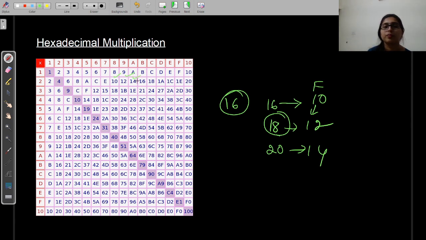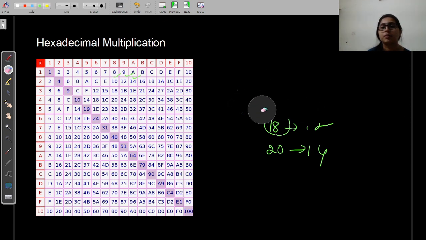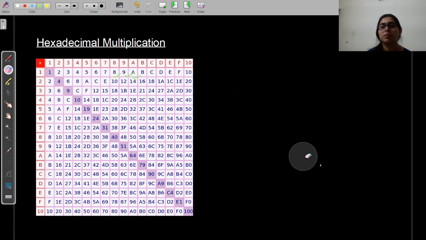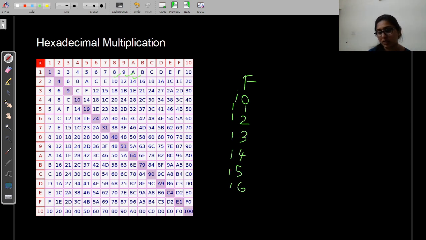So 1 4. Okay, so this is how we are going to do. That is, you have to use the help of counting of hexadecimal numbers. After F, you have 1 0, 1 1, 1 2, 1 3, 1 4, 1 5, 1 6.